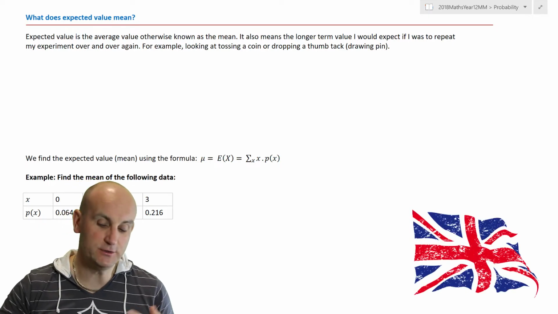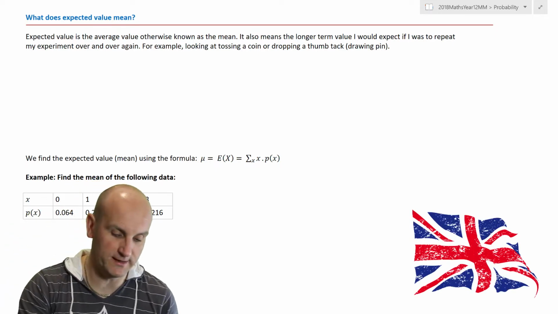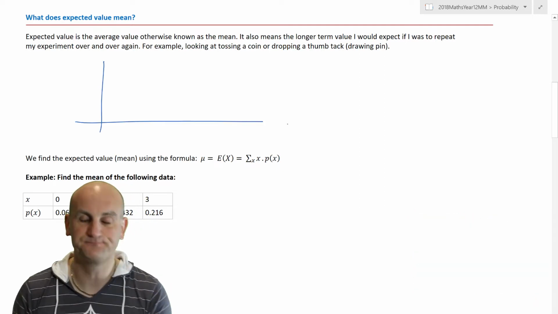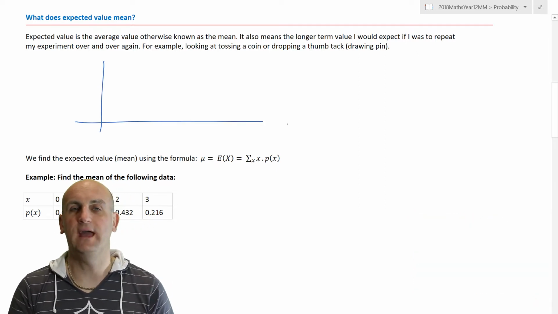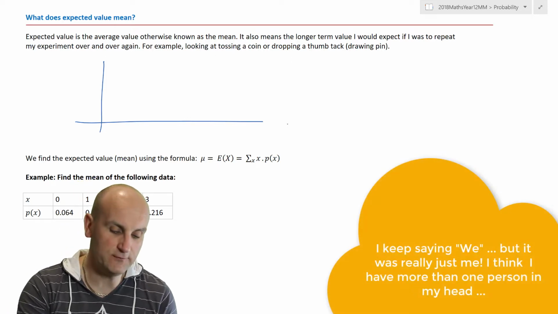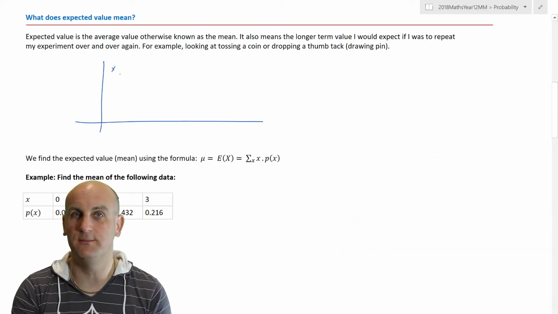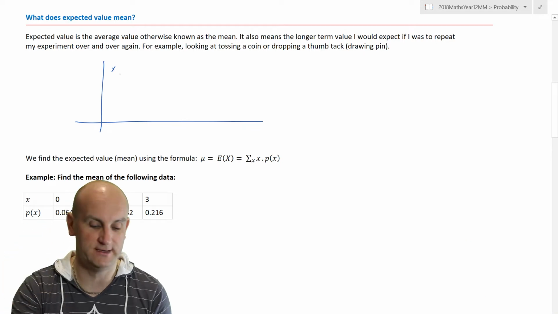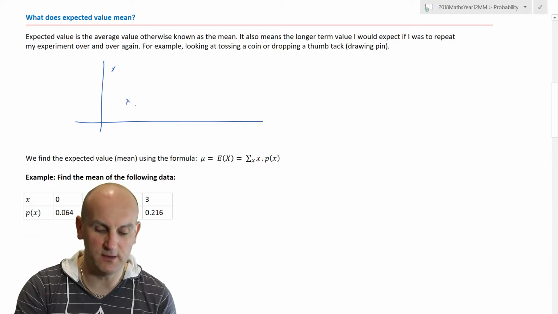In the United Kingdom, I used to do one where we dropped thumbtacks or drawing pins. And we used to get kids to draw graphs. And what we did was for every 10 throws, they reworked out the probabilities cumulatively. And so for the first 10 throws, they might have had a probability up here of it landing point up, for example. And then the next 10 throws, it might have been down here, and then here, and here, and here.